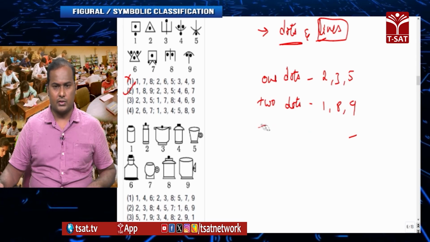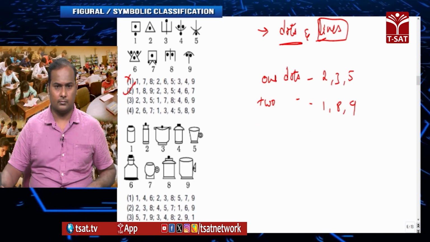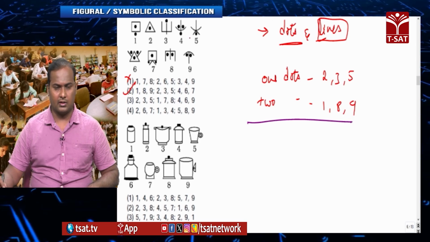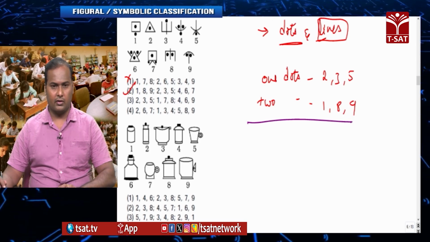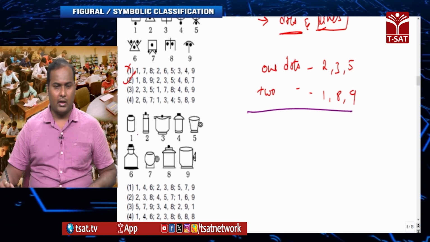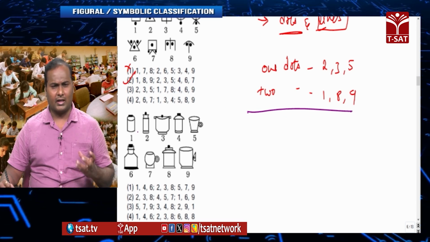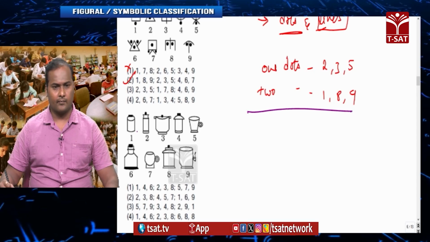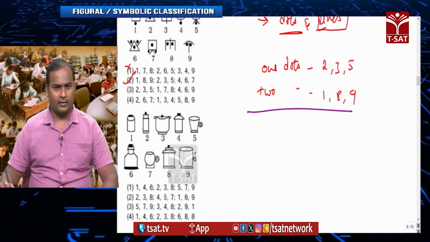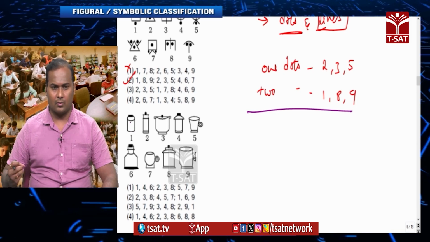See, in this particular question, whenever you see this kind of question, before we consider lines and dots, but in this question some figures are given. So whenever you see these kinds of figures, what character can one take for this particular group? If you see figure 1 and figure 2, both are cylindrical objects.